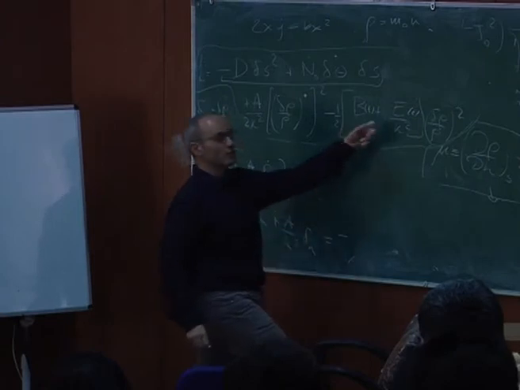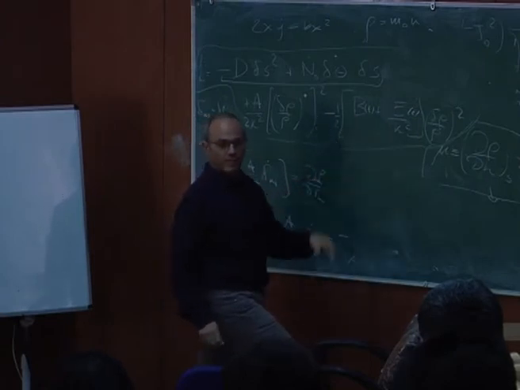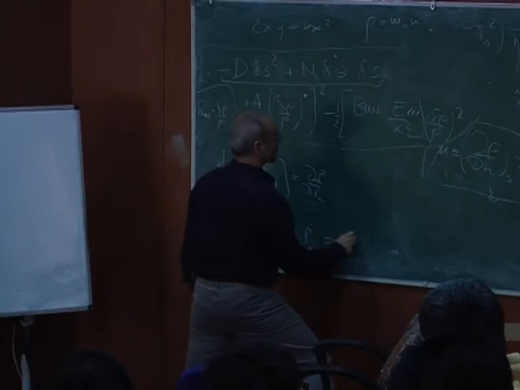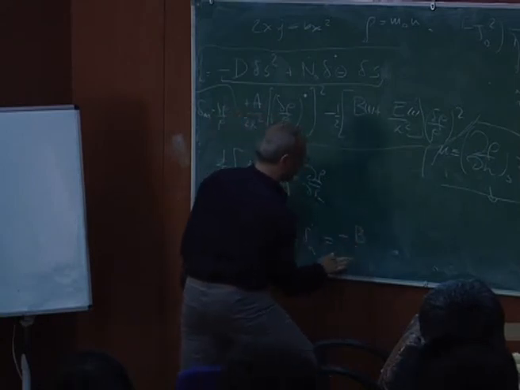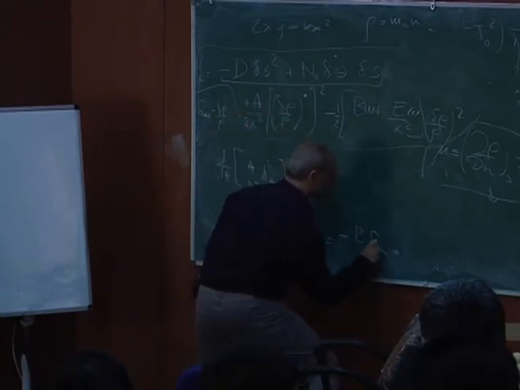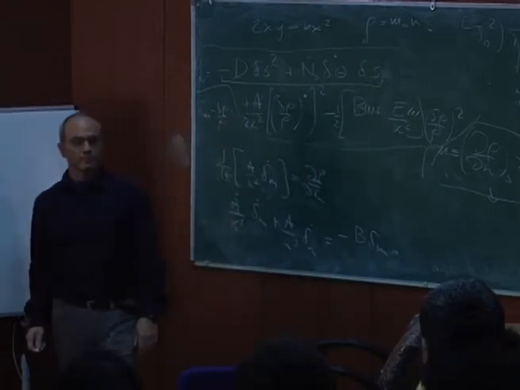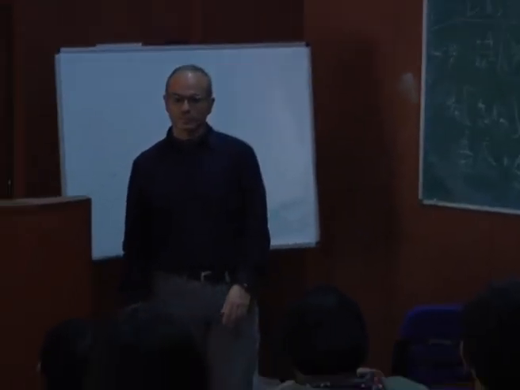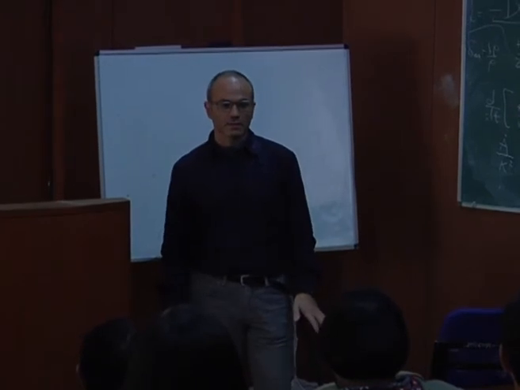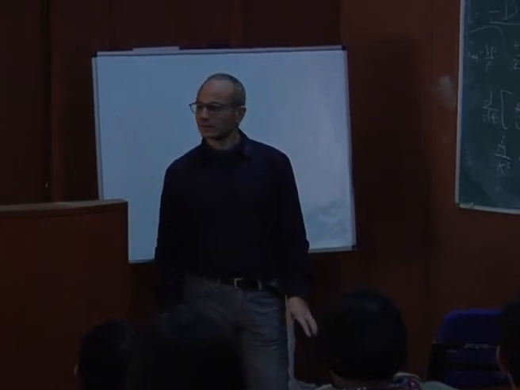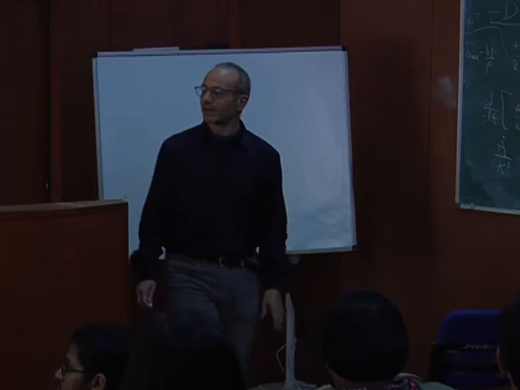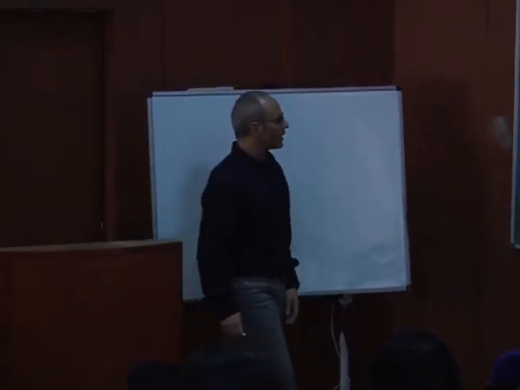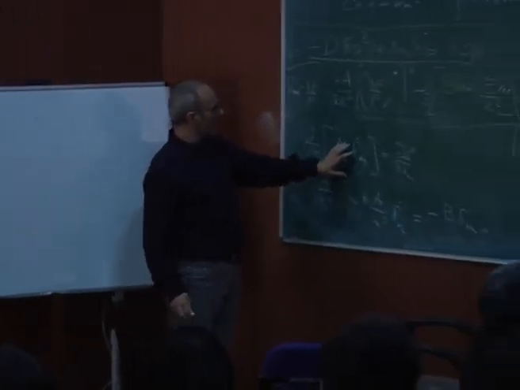This is just a redefinition of B, okay? Does it make sense? Hopefully. So this is my Euler-Lagrange equation for delta M.